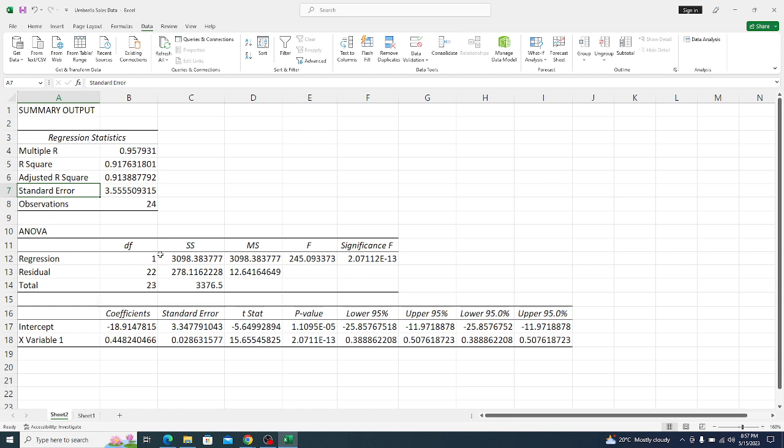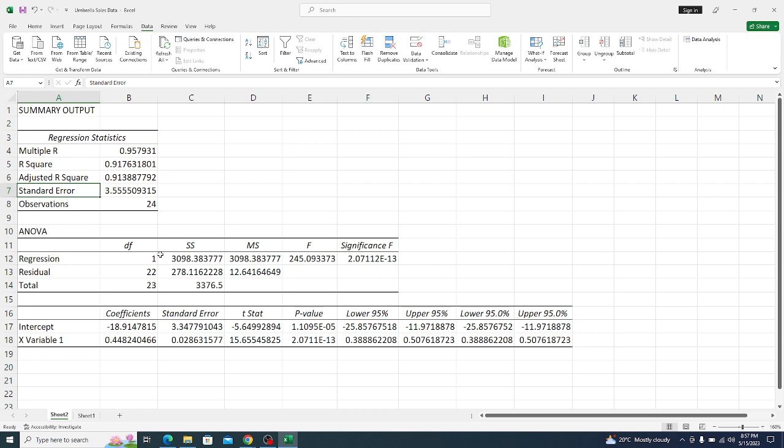The way we usually calculate the degrees of freedom is that we subtract the number of relations from the number of observations.